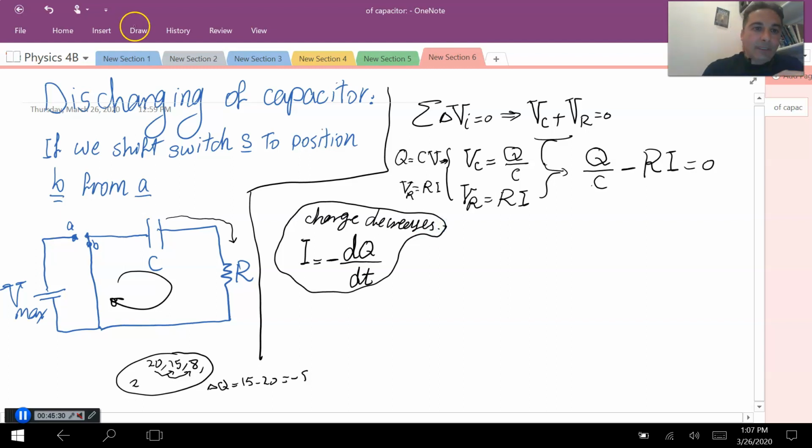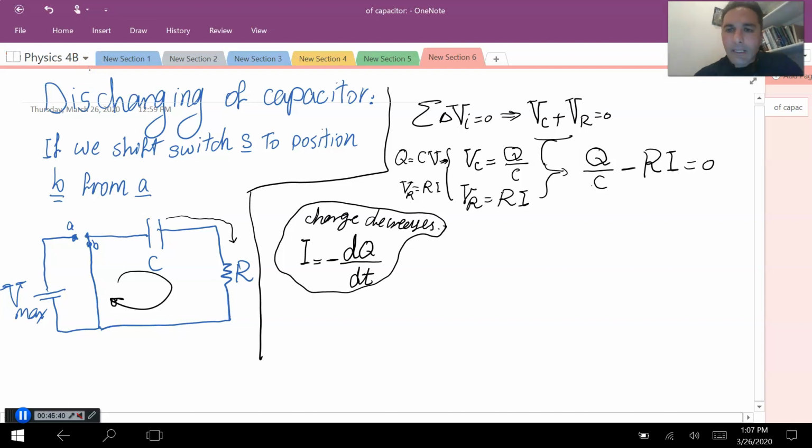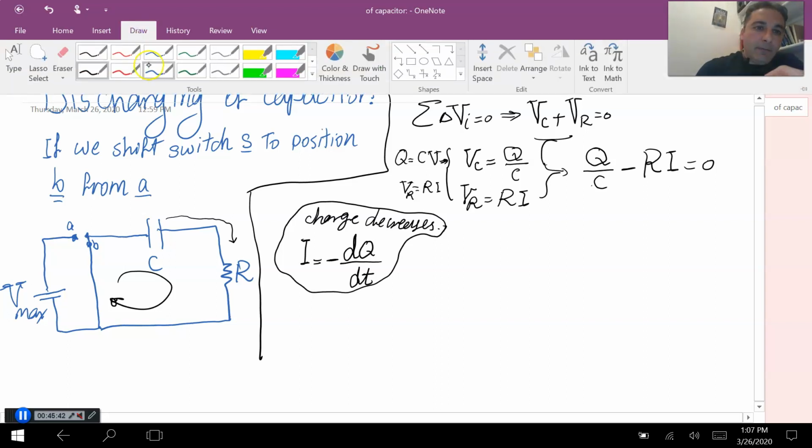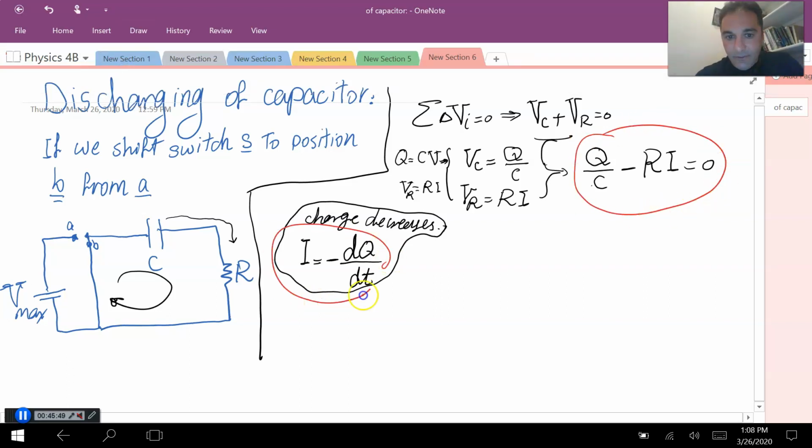All right, so let me erase this. Now I'm going to use different colors, this one and this one.